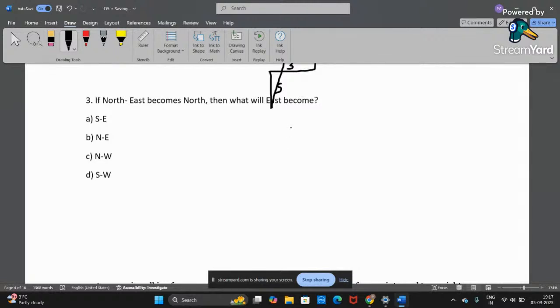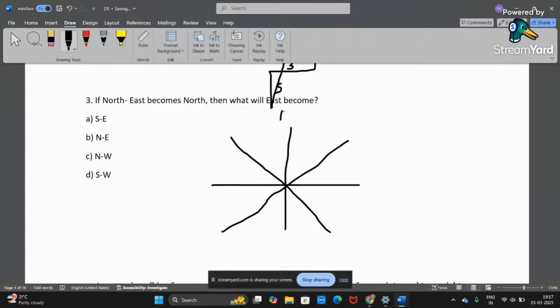Let's write all the 8 directions. North, south, east, west, northwest, southwest, southeast, northeast.